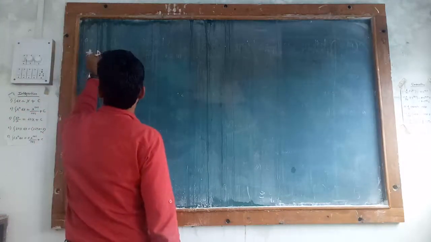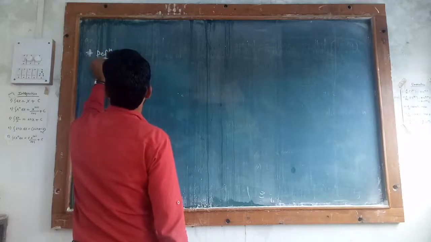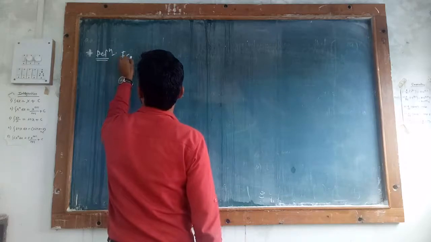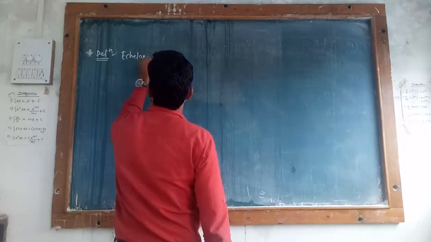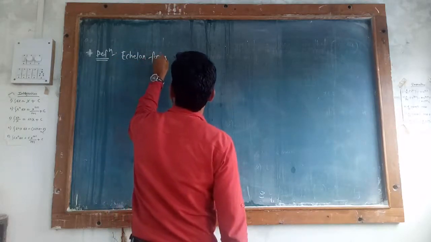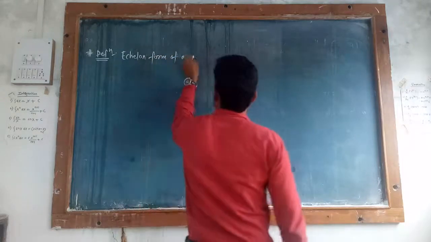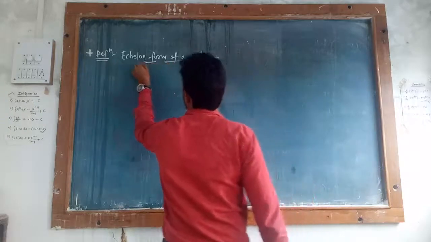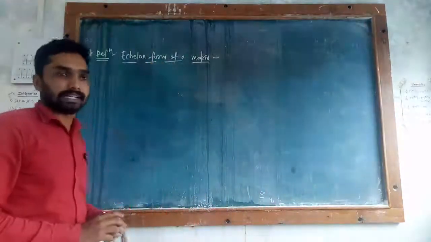Okay, so let us define the equivalent form of a matrix.